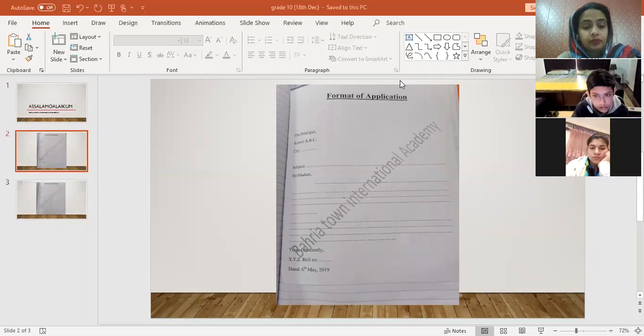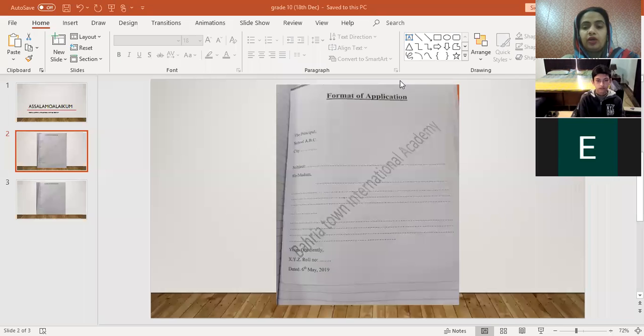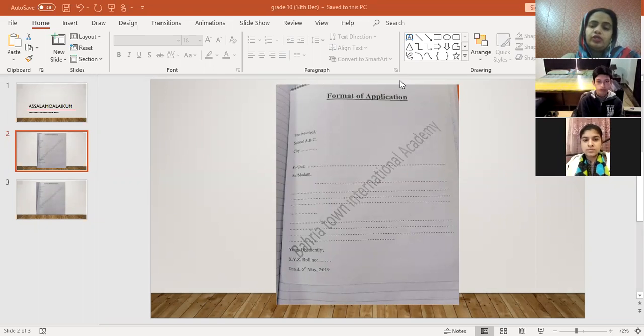So the principal, and after that you will write the school name. You will write the name of your school. You'll not write "school ABC"; I have just written it because there you need to write a school name. You will write, for example, Behya Down International Academy, or the name of the firm, or the newspaper. For example, if you're writing to the editor, you'll write the editor, and under that you will write the name of that newspaper, the News, the Jang, whatever, to whom you want to write.